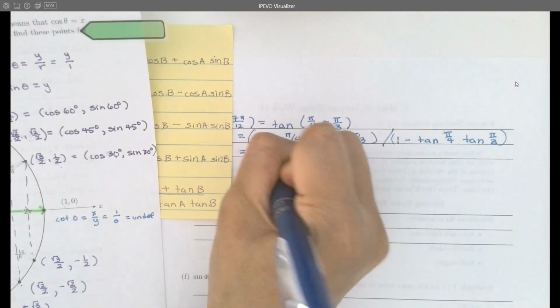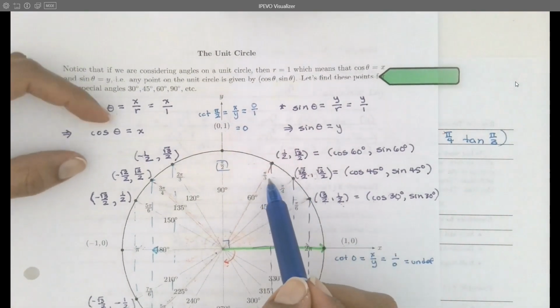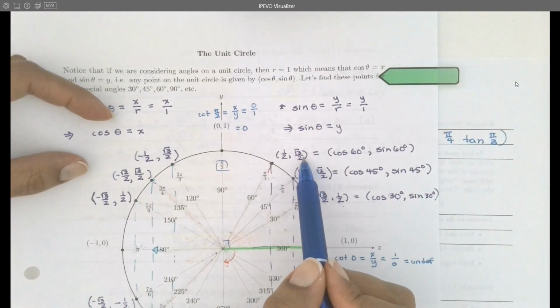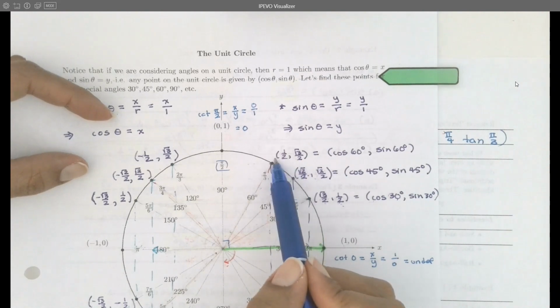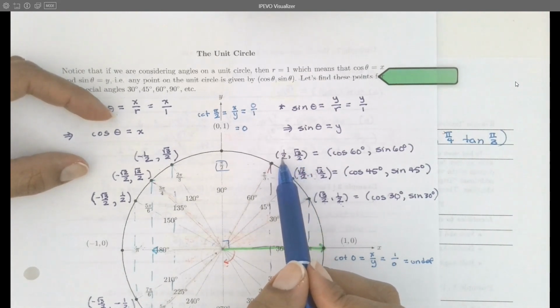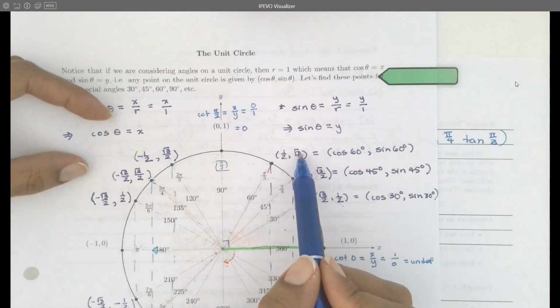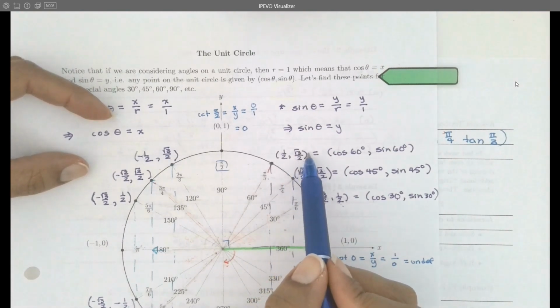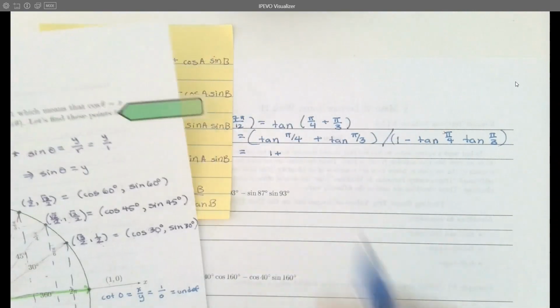We'll have a 1 plus. Now tangent of pi over 3, here's pi over 3. We'll have y over x again, or sine over cosine. So that'll be square root of 3 over 2 divided by 1/2. That's the same thing as having square root of 3 over 2 times 2 over 1. So we're just going to get radical 3.